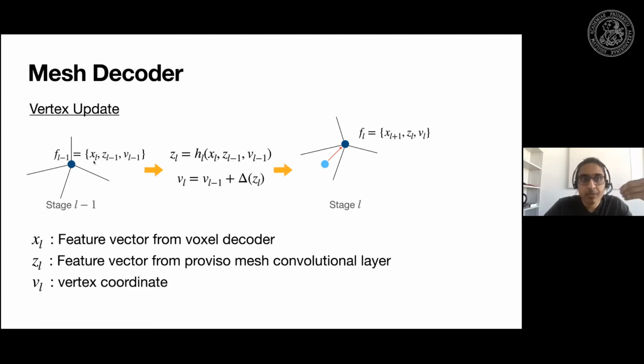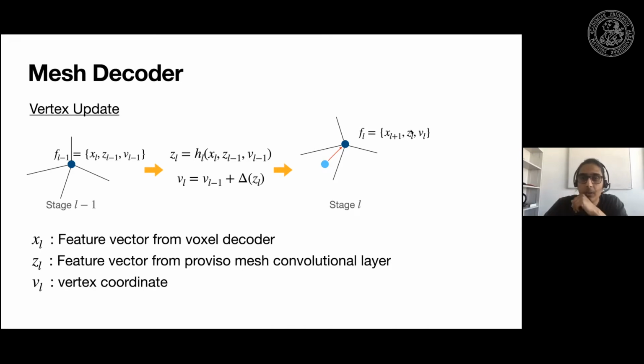VL is the coordinate, and then we are left with ZL-1. This ZL is a latent feature vector that is the output of the HL function we defined from the previous stage. So when we input FL-1 to HL, it outputs ZL. This latent vector becomes a part of FL, the feature vector associated with this vertex.